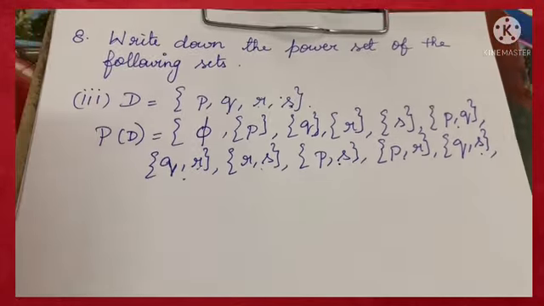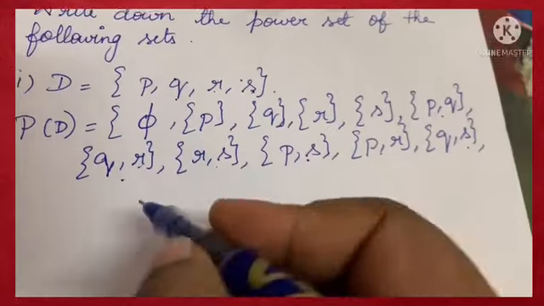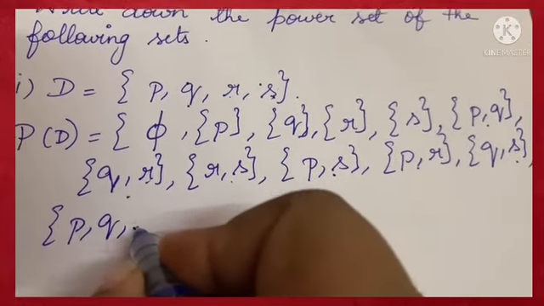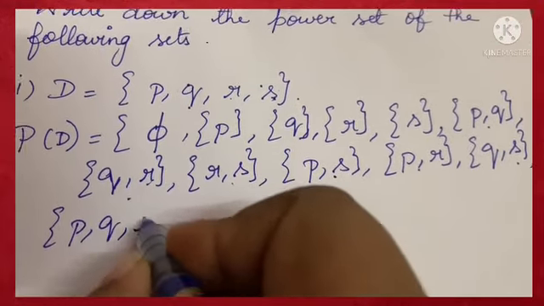Is it correct? Shall we stop here? No. We have more subsets than this. That is, 4 elements are there. Now you have to pair it with 3, that is, write 3 elements. PQR is a subset. QRS is a subset.